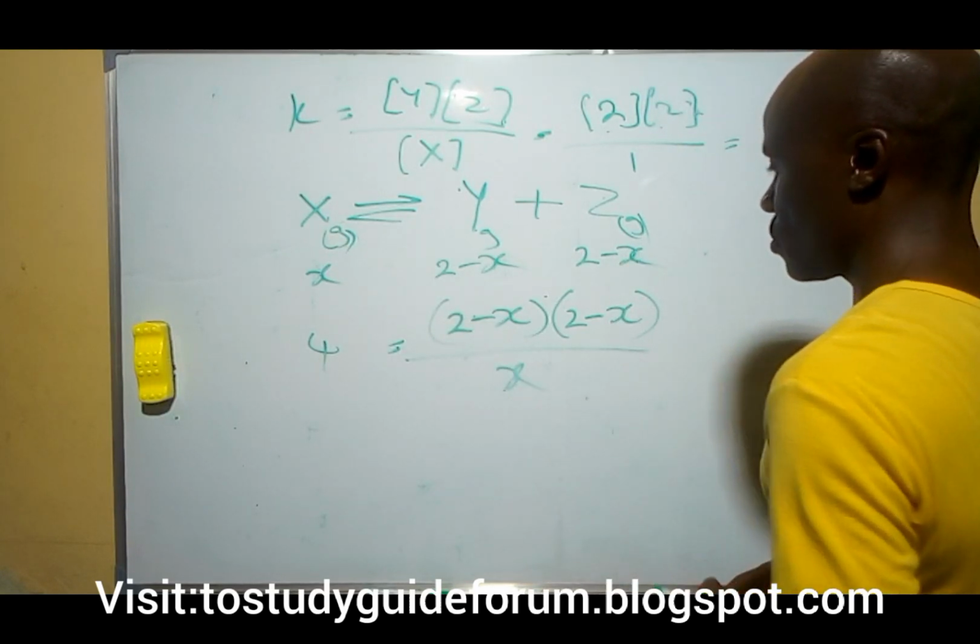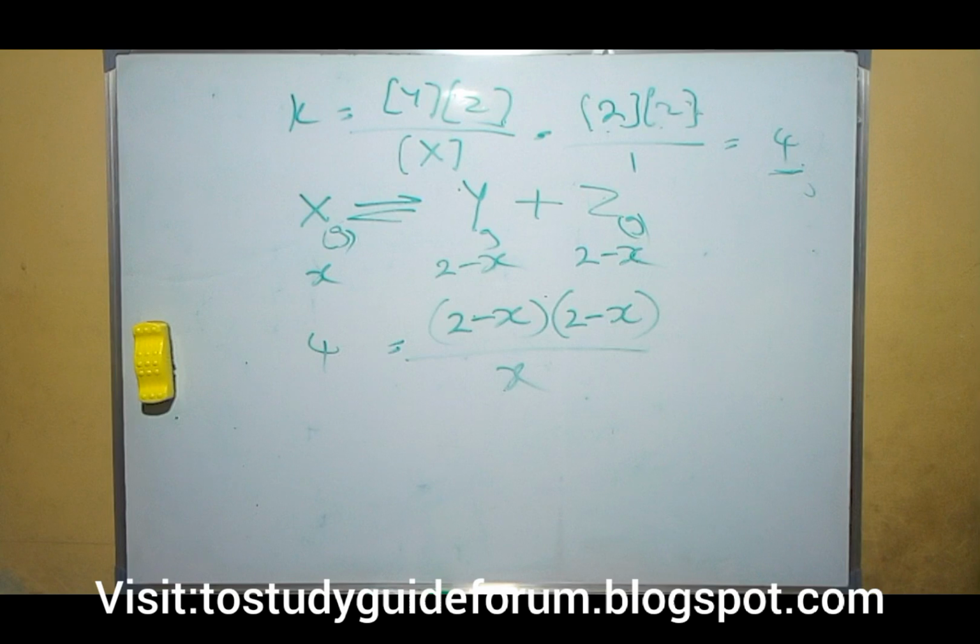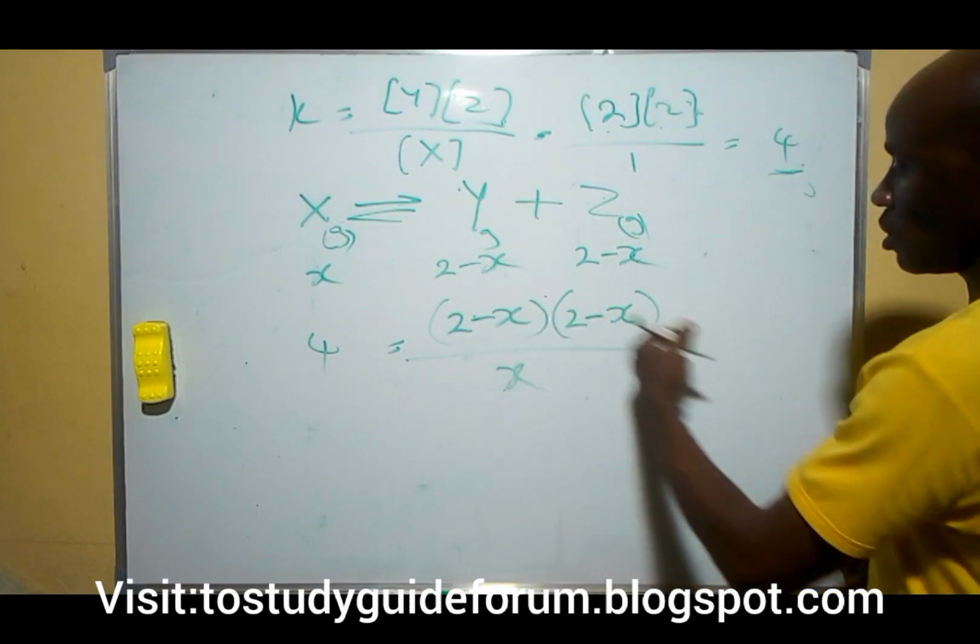all over x in this case. When we do this, we can multiply everything we have here.